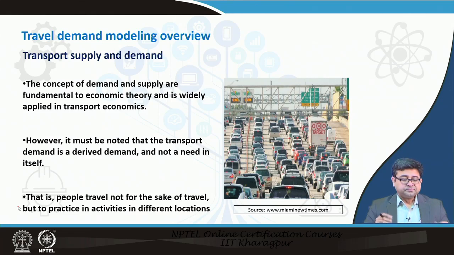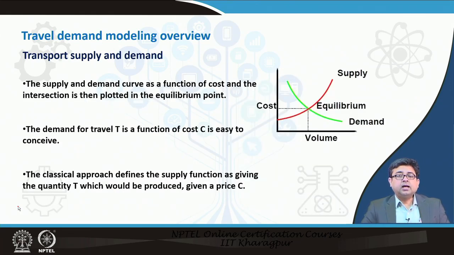into play. When you look at the supply and demand curve, it's a classic economic example. For any entity, when you look at cost versus volume, if the supply of certain things, the volume of certain things, increases, the cost also starts increasing.